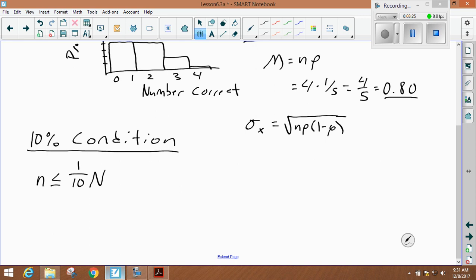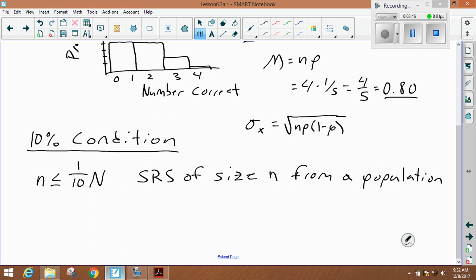So we have a sample size. We have an SRS of size n from a population, and we're going to say population size capital N. So this has to be true in order to use a binomial distribution.